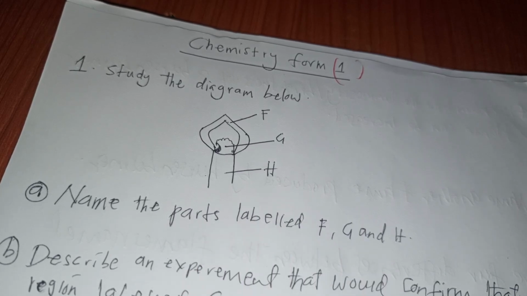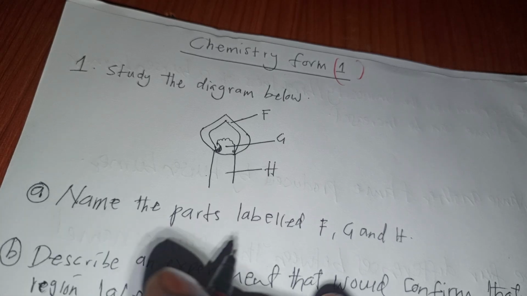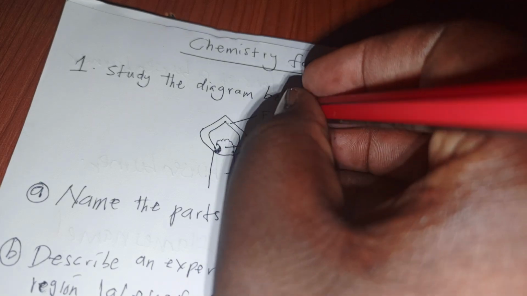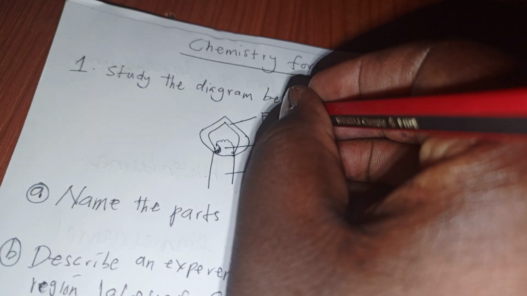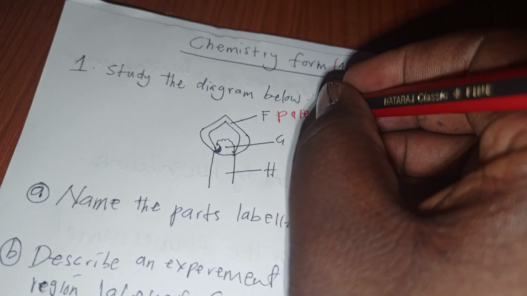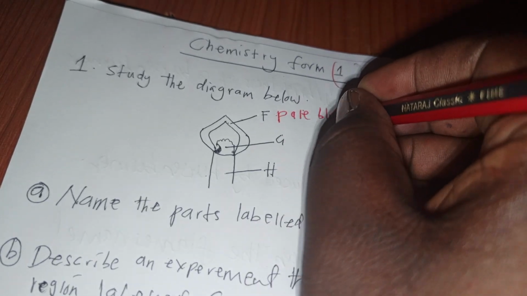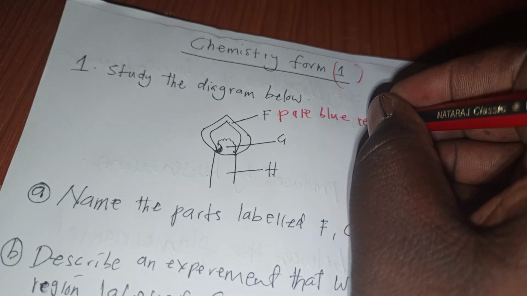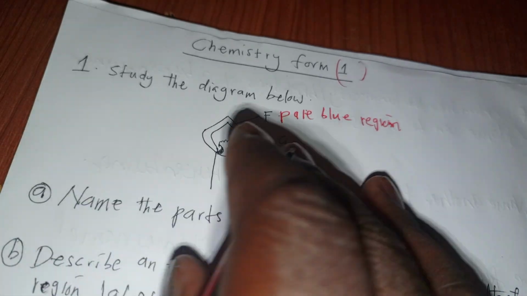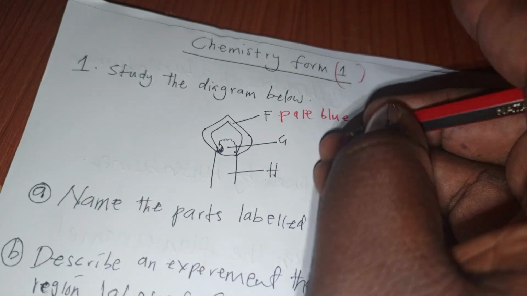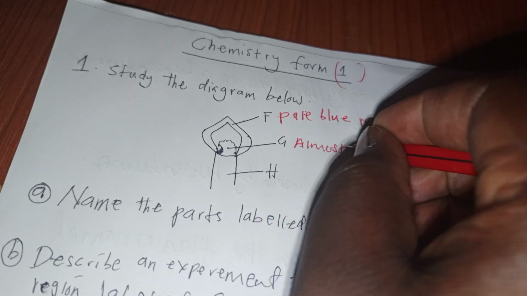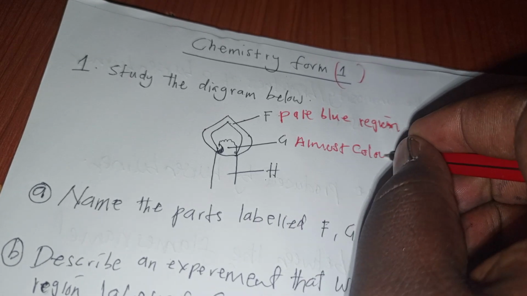So the part labeled, I'll start with F. The part labeled F is a pale blue region. Then the part labeled G is almost colorless.